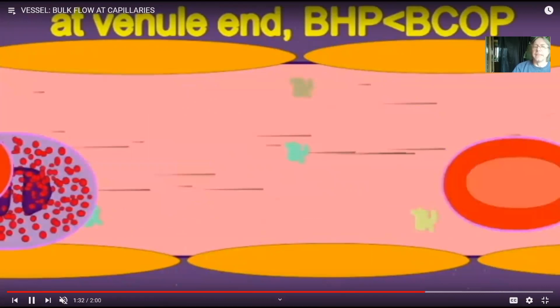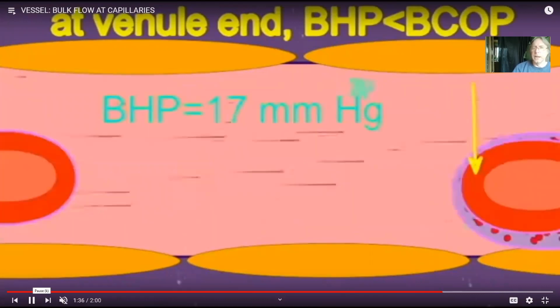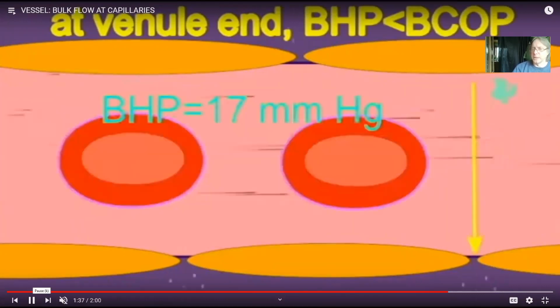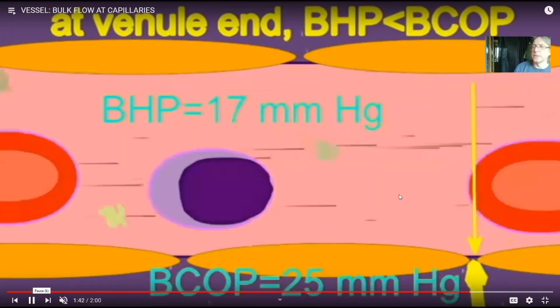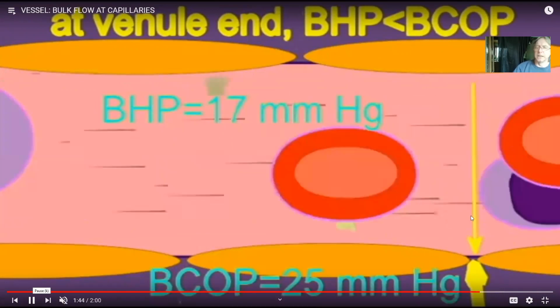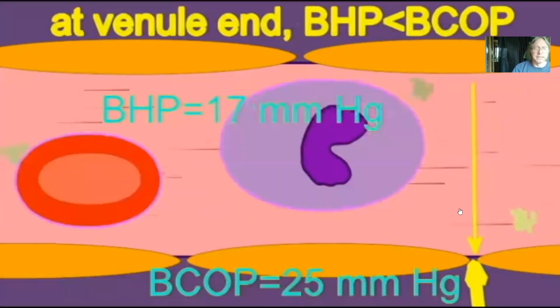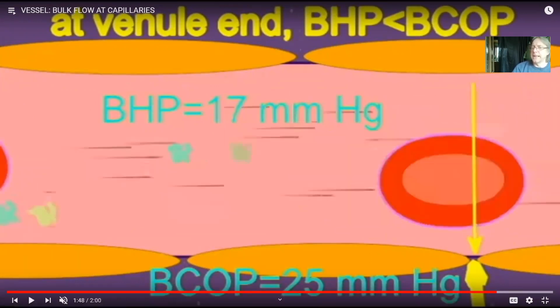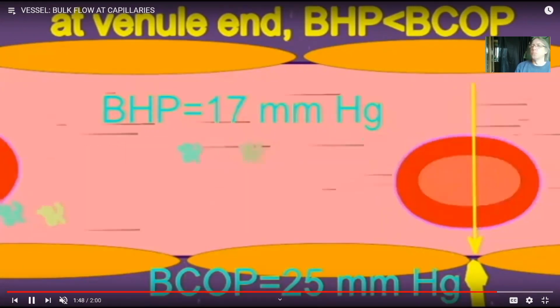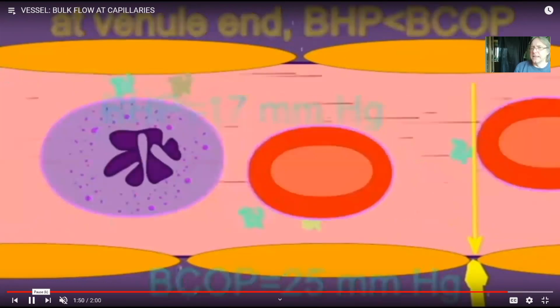At the venule end of the capillary, the osmotic pressure is still 25 millimeters of mercury, but the blood pressure has reduced because now there is less fluid in the blood, and now the blood pressure is 17 millimeters of mercury. Once again, it's a pushing match, but now the inward pushing osmotic pressure wins, and so there is a net inward force at the venule end.